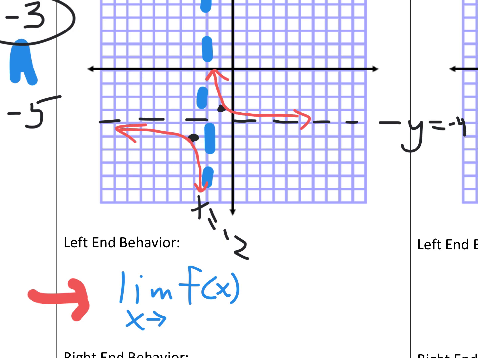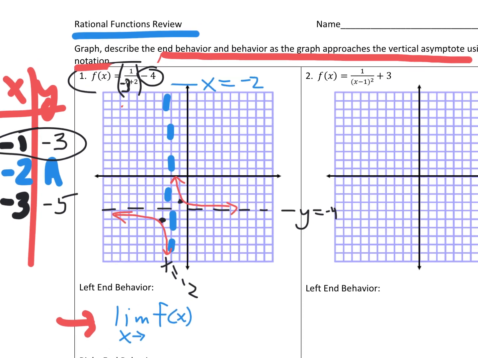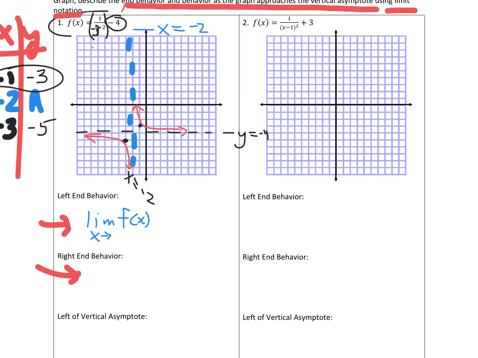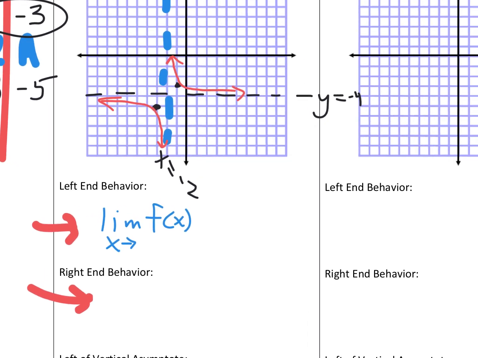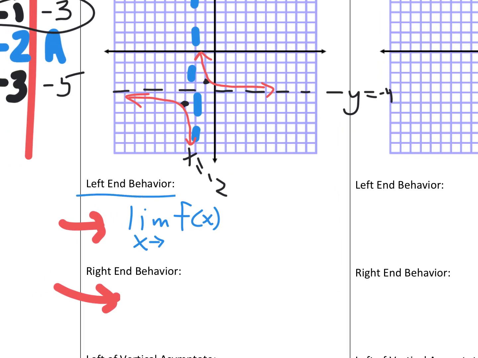Now, if we're going to go left, now this says left end behavior, so I'm looking for the left end. I'm not doing the asymptote right this second. This is just left end. I'll do the left side of the asymptote in a sec. Left end is right there. So x is approaching negative infinity. It's going way to the left. And here you could say it equals -4.